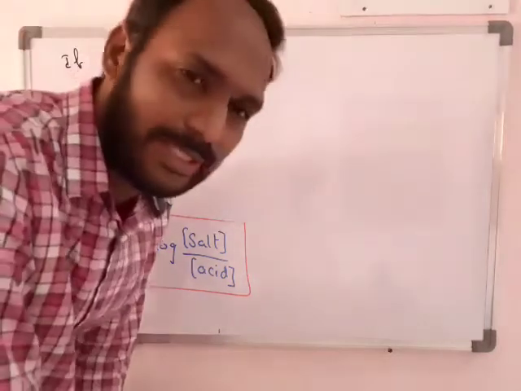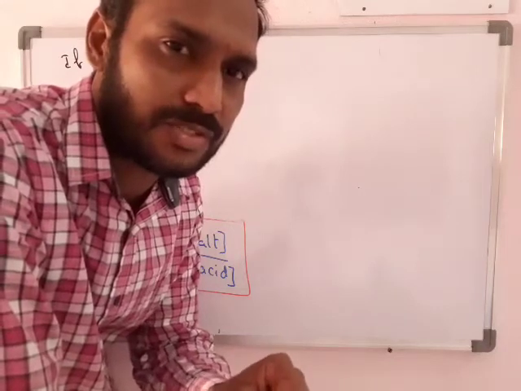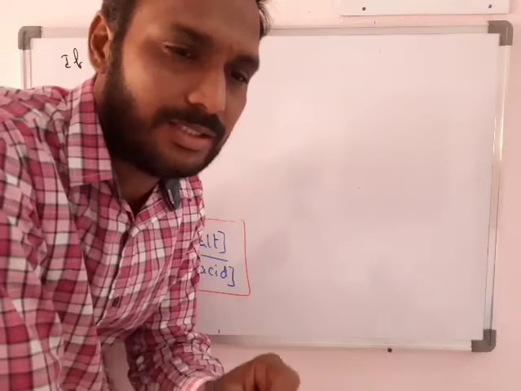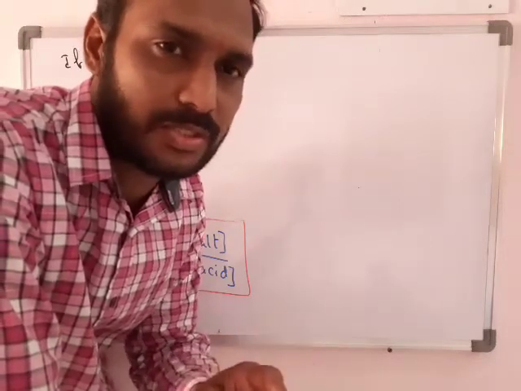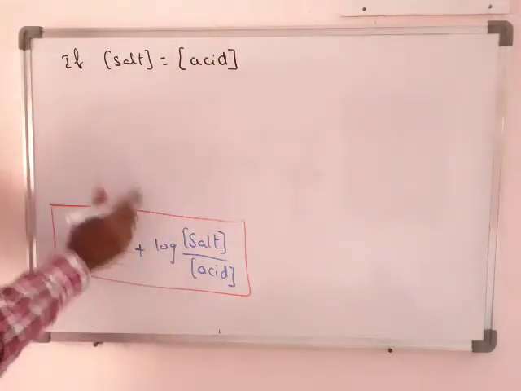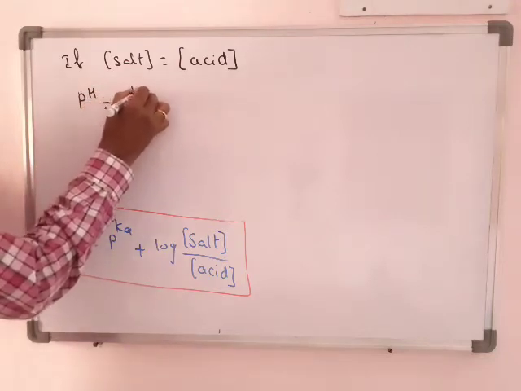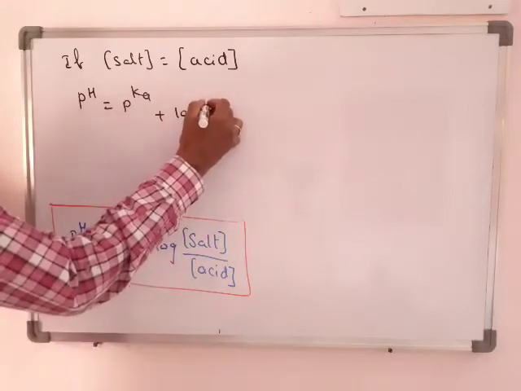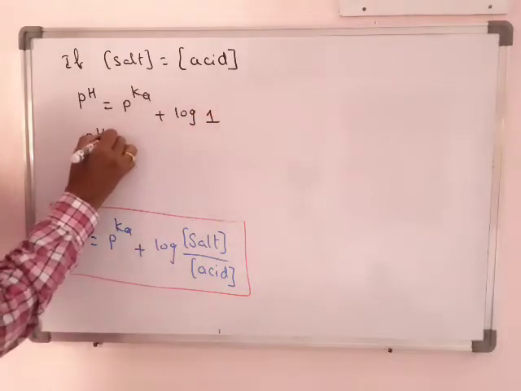Already in the applications in the last session we said that if the milli equivalents of salt equal the milli equivalents of acid, that works as a good buffer solution. So if salt concentration is equal to acid concentration, what will be its pH? pH equal to pKa plus log. Both concentrations are equal, so they will cancel. Finally we will get log 1. Log 1 value we know is 0.